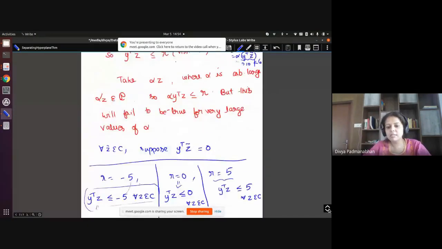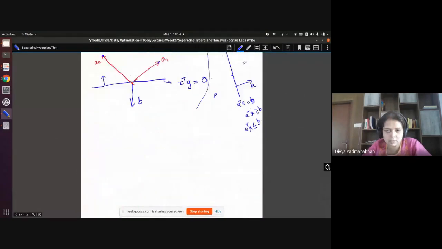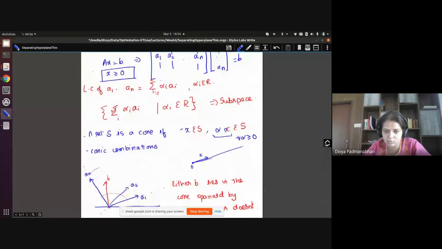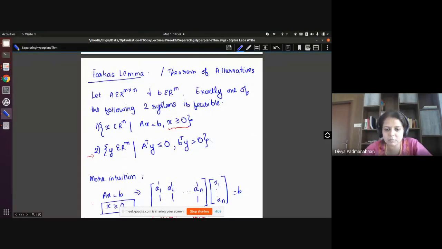So what I'll do is, I'll just end with this note: this is the theorem of alternatives that we have here. You can have different kinds of systems, and you can devise this kind of theorem of alternatives. Either the system is feasible or the other is. These are two related systems. Even if you don't have this x greater than or equal to 0, there'll be some other alternate system.